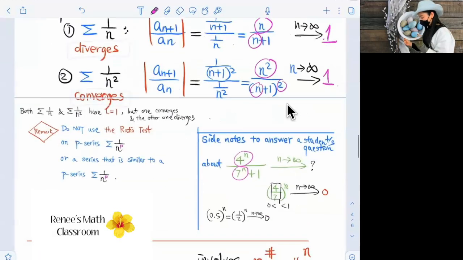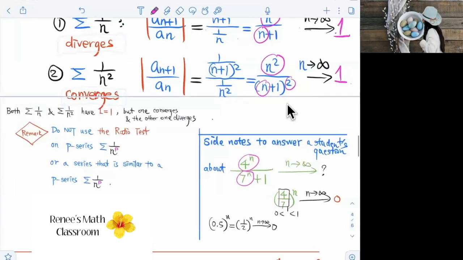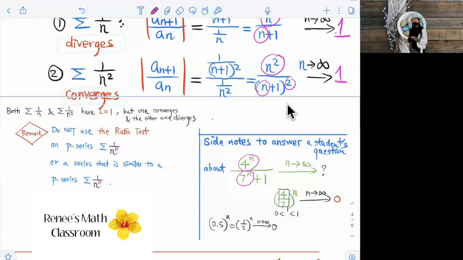Okay. All right. So here I put a weak mark over here. Both this one and this one have L equal to 1, the limit of this ratio equal to 1. But since one diverges and the other converges, do not use the ratio test on p-series. Do not use it, because all of them are going to turn out to have 1 for that limit of the ratio.